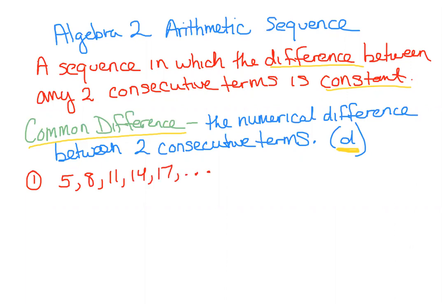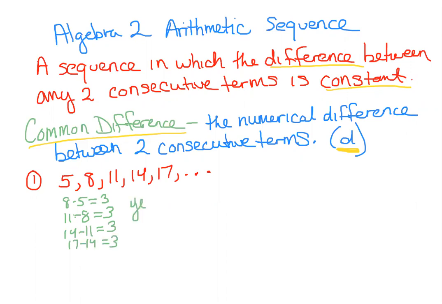So the first thing we have to know is, is it arithmetic? So we take this, we say 8 minus 5 is 3. 11 minus 8 is 3. 14 minus 11 is 3. 17 minus 14 is 3.